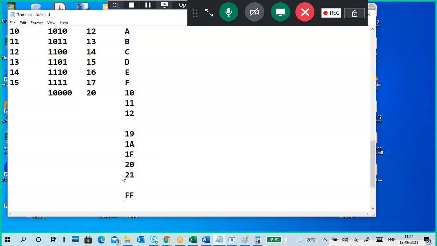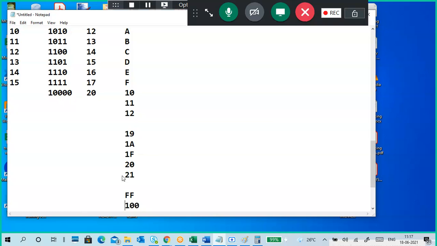Just follow the sequence. F is the last single digit in hexadecimal, right? So when you reach the last one, what happens? It becomes 0. And this is also the last one, so this becomes 0. Then both are zeros, and then 3 digits are there. So obviously we'll get it like this.